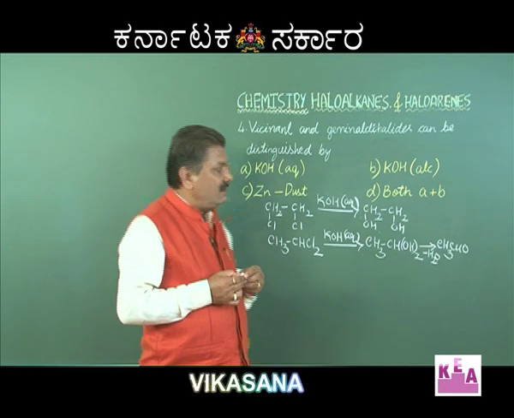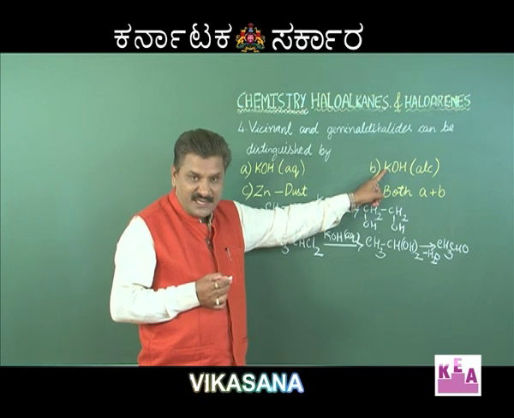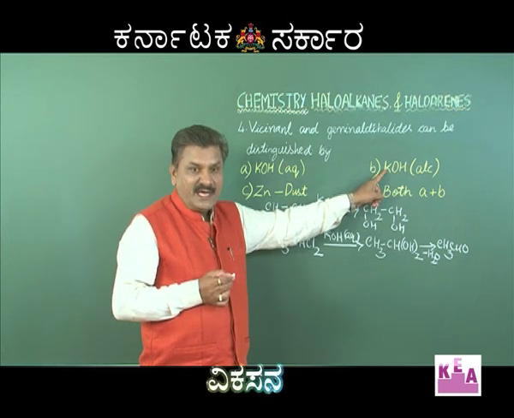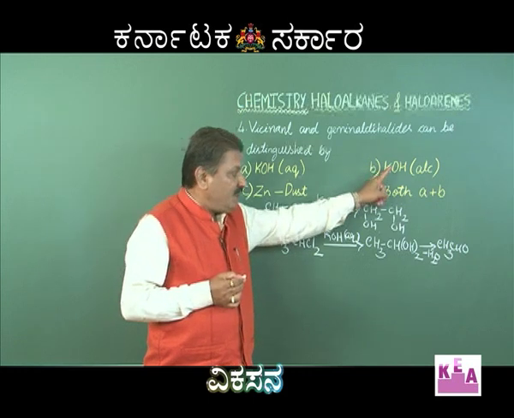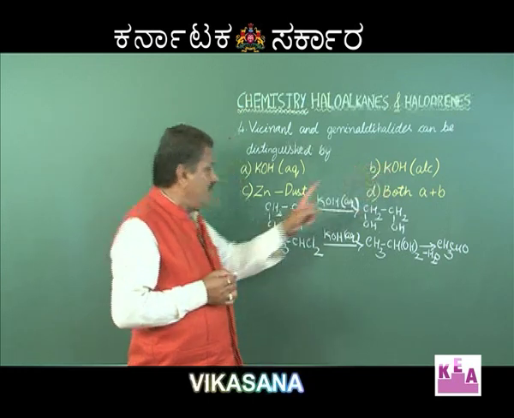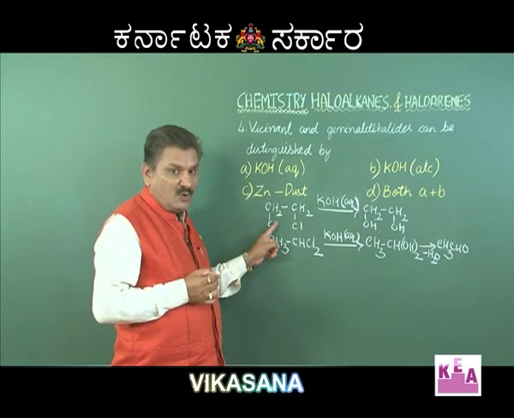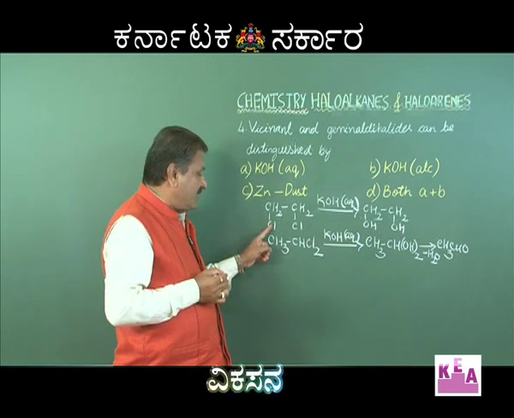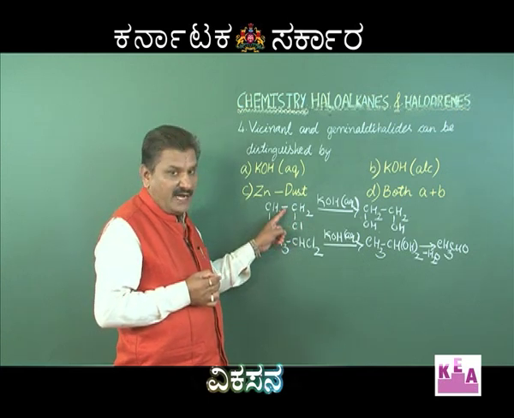On the other hand, alcoholic KOH is also one of the characteristic reagents for haloalkanes and even halogen derivatives. If you heat this with alcoholic KOH, this Cl and this H first form alkenyl halide.